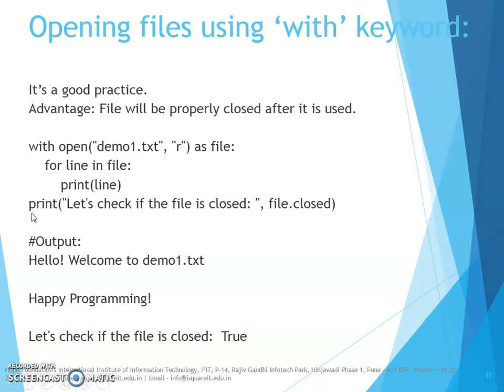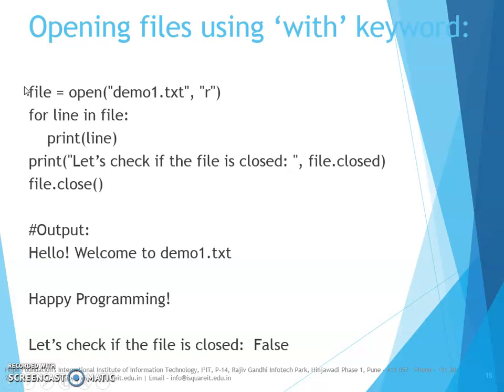Now outside this loop we are printing, let's check if the file is closed, file.closed. So it is returning us True. This means if we are using the with keyword, it is not necessary to manually close that file. That care will be taken by the with keyword.